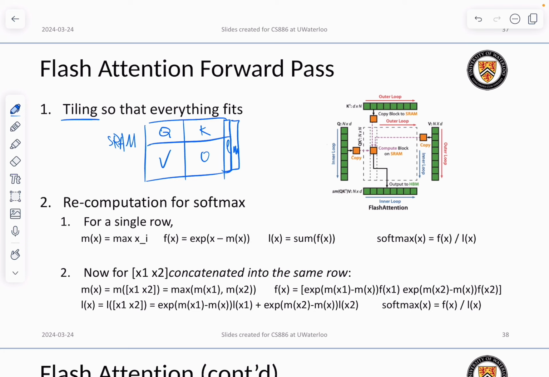So the final goal of what we want to achieve: suppose that we started with your X's. What we want to do is compute QK^T, and then take the softmax of it.